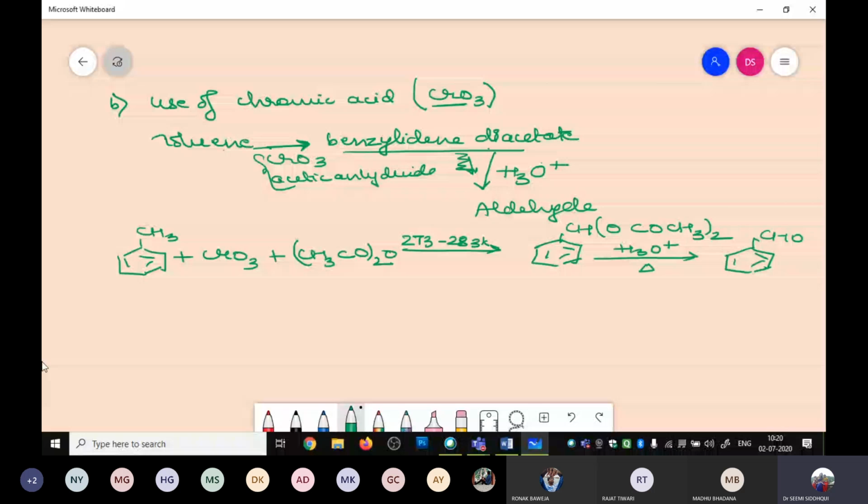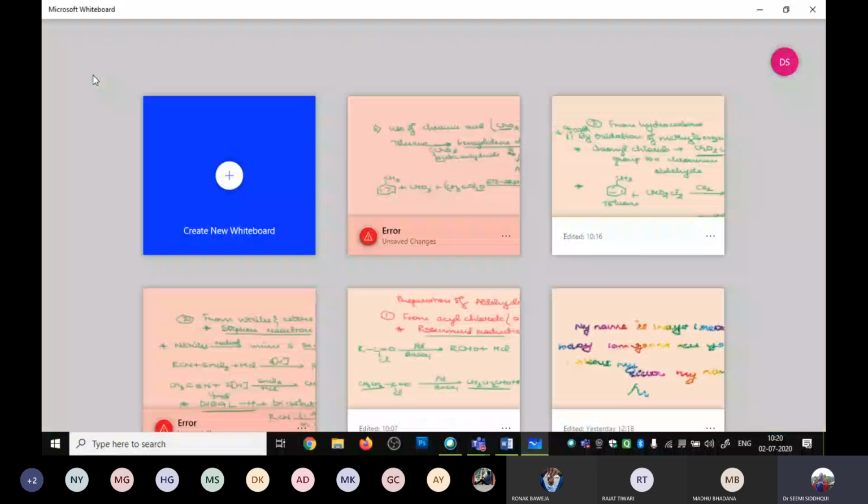This is by using chromic acid. Now don't get confused, this particular reaction is not going to be named Etard's reaction. For Etard's reaction, you are going to say only the reaction which was using the methyl benzene, oxidation of that only.